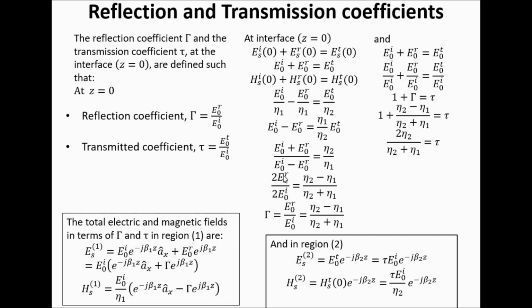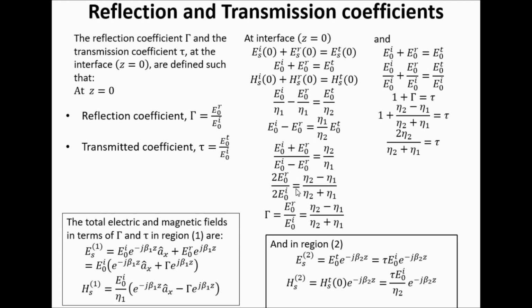So now if you simplify this, you will get 2E0R over 2E0I is eta 2 minus eta 1 over eta 2 plus eta 1. Just we are subtracting the denominator from the numerator, and also adding the numerator with the denominator.